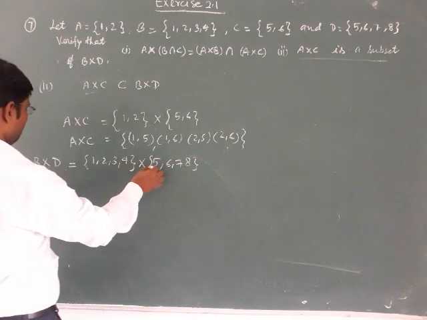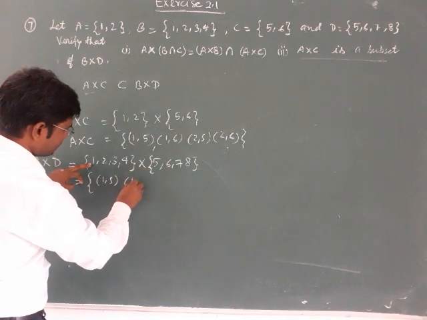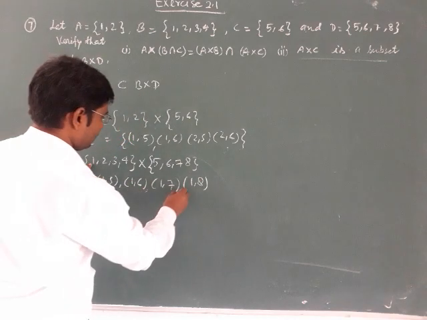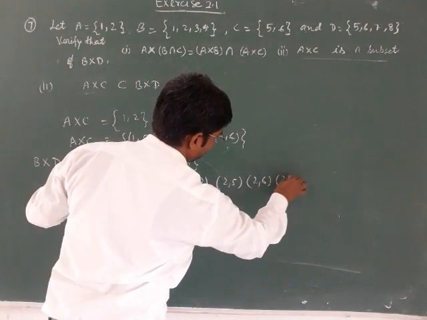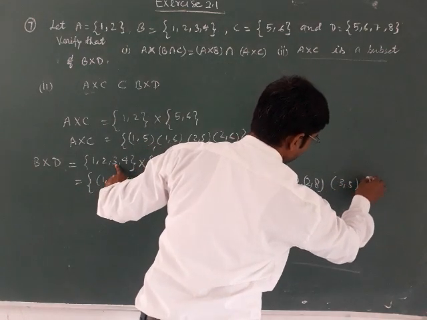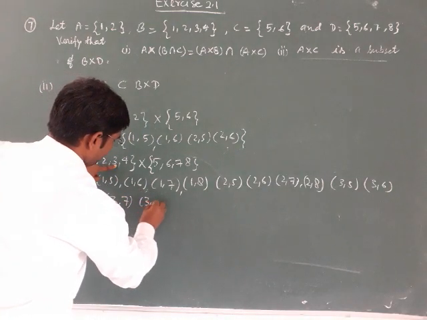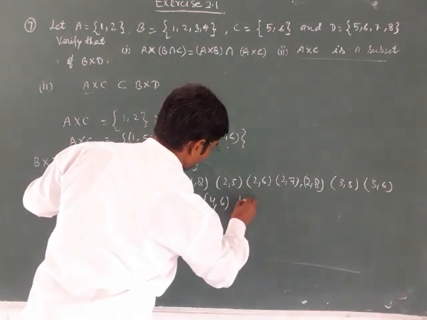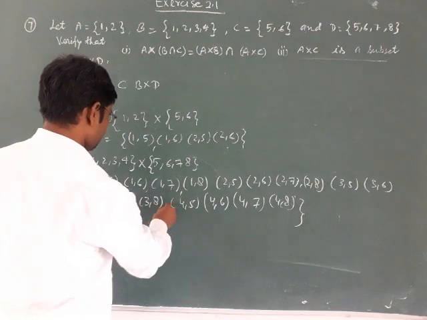So the ordered pairs: taking 1, we get 1, 5; 1, 6; 1, 7; 1, 8, and also 2, 5; 2, 6; 2, 7; 2, 8, and 3, 5; 3, 6; 3, 7; 3, 8, and also 4, 5; 4, 6; 4, 7; 4, 8.